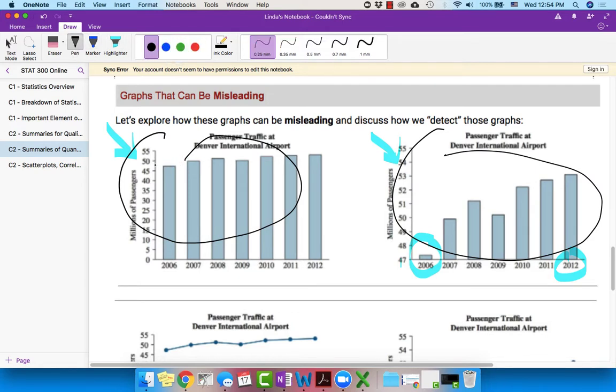So you can see here, if I draw the line across this for 2006 and the line across this for 2012, you can see that the difference is small. So how do you avoid the pitfall? The graph should start at 0, just as this one right here.